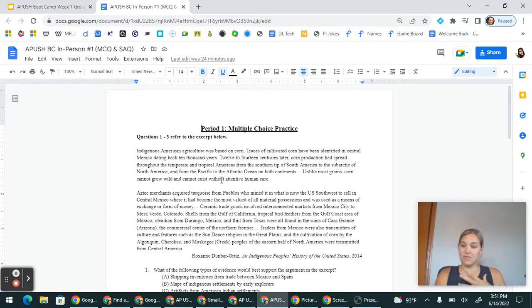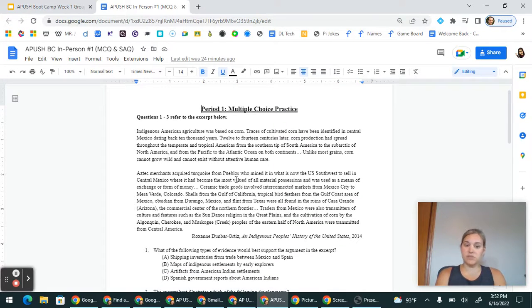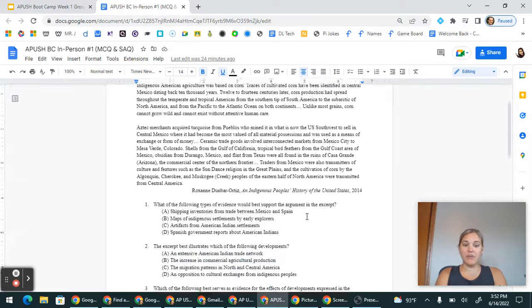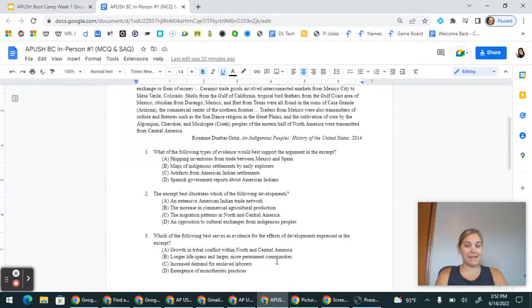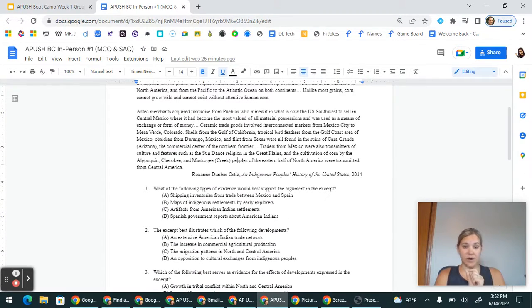It actually has what's called a stimulus first. This is either going to be a text or an image. It could also be a graph or a map. You need to read the source and then answer the questions based not only on what's in the source, but also the information that you have learned from the readings.